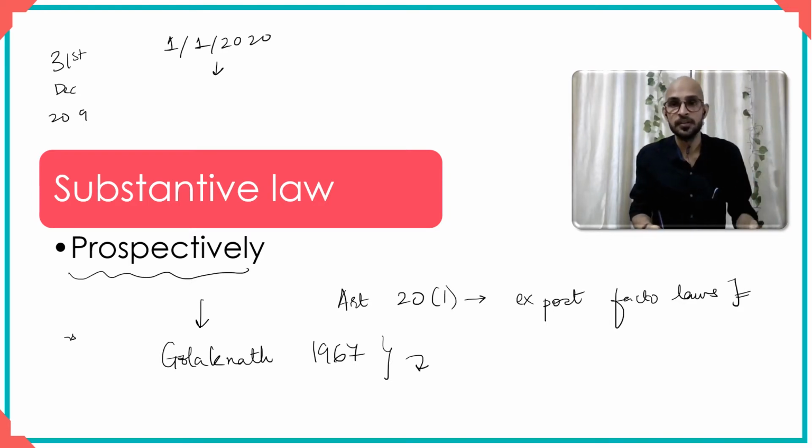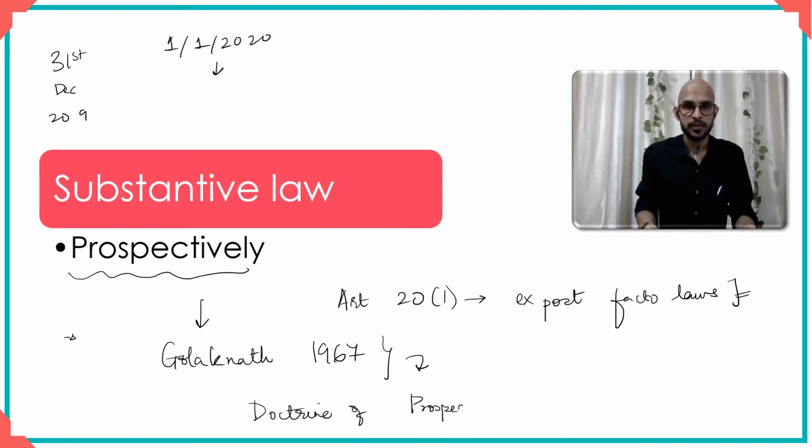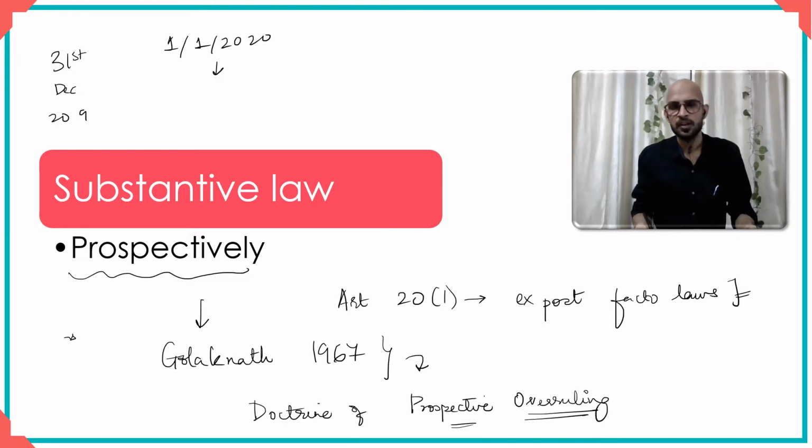It's a very important case in the constitutional history of India, wherein the doctrine of prospective overruling was laid down. What that said was that if there is a ruling of the court, then that will again operate only in the future. It will not operate so as to change the past. So we've understood the concept of prospective operation as far as substantive law is concerned.